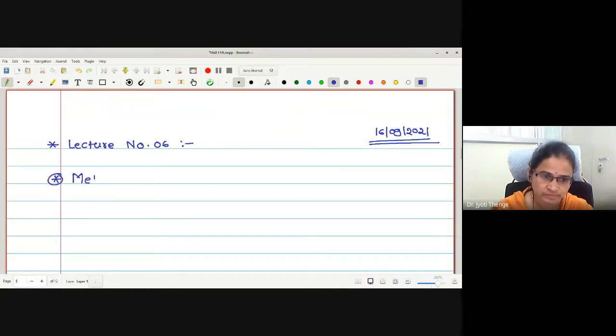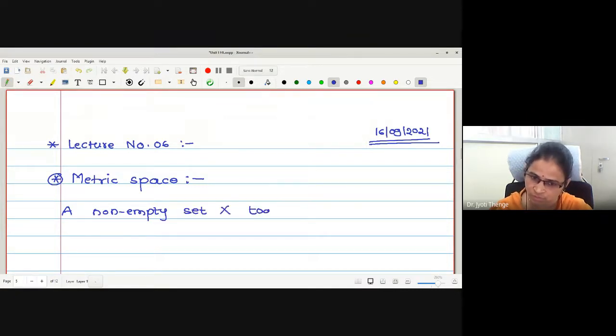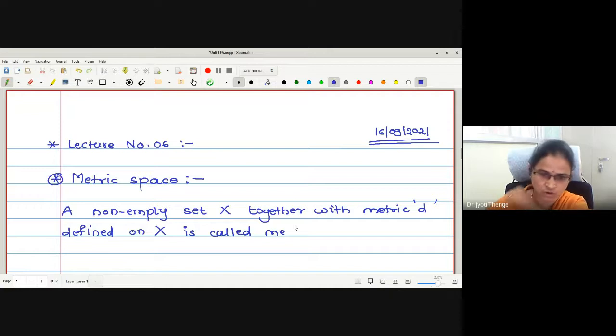Metric space. May I write a definition? A non-empty set X together with a metric d defined on X is called a metric space.